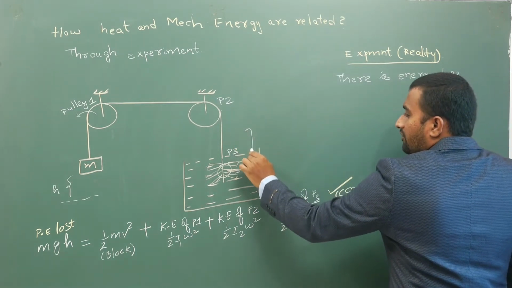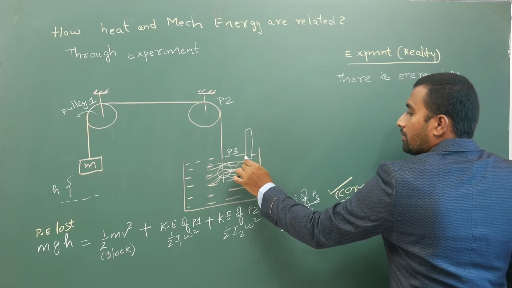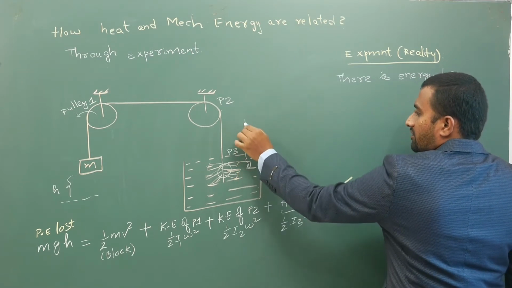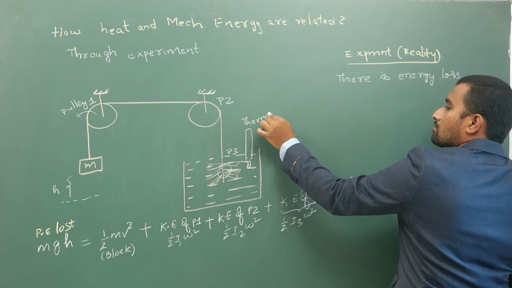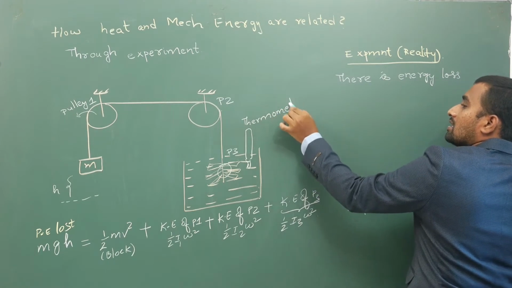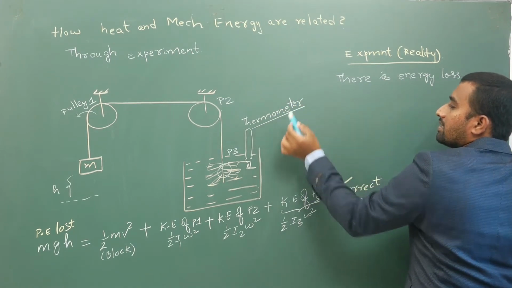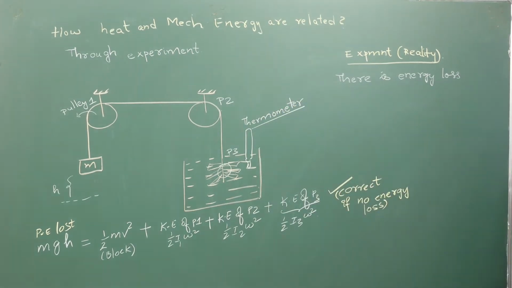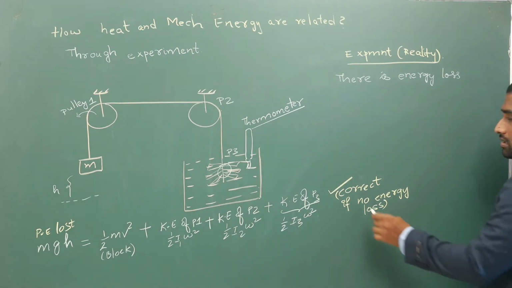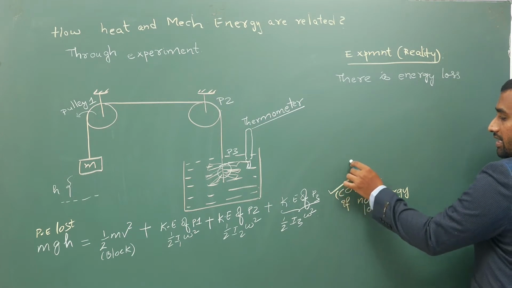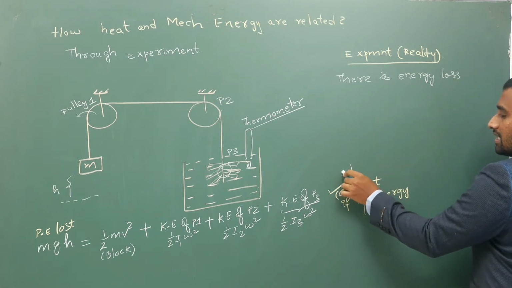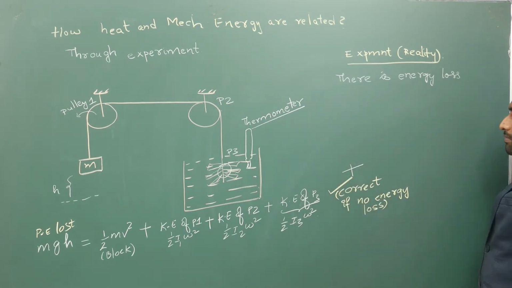Next, if you keep a thermometer within this system, what it will do is measure the temperature difference. So experimentally it was found that an extra term is needed, because it is not balanced.